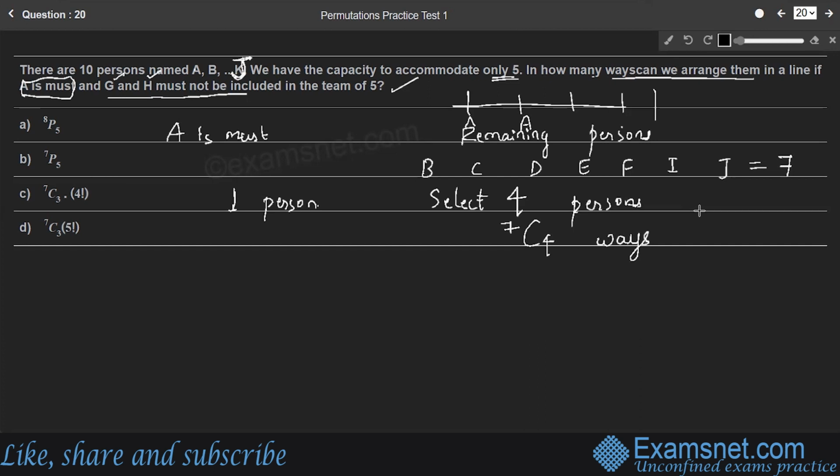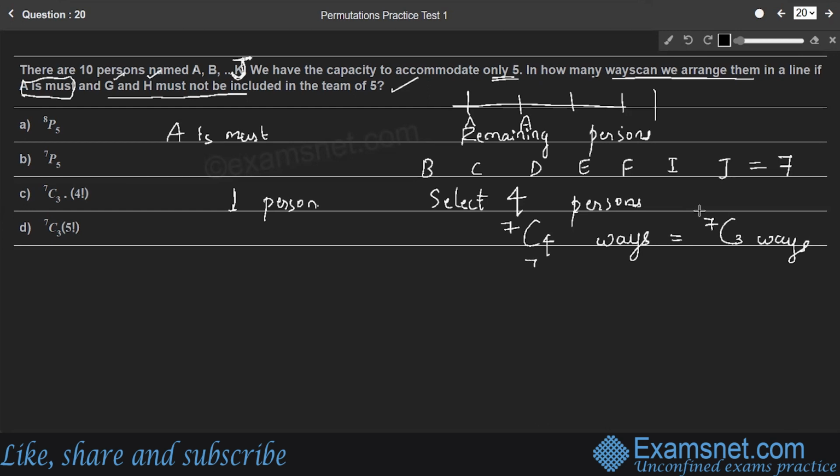The number of ways in which 4 persons can be selected out of 7 is equal to 7C4 ways, which is nothing but 7C3. Both are the same.